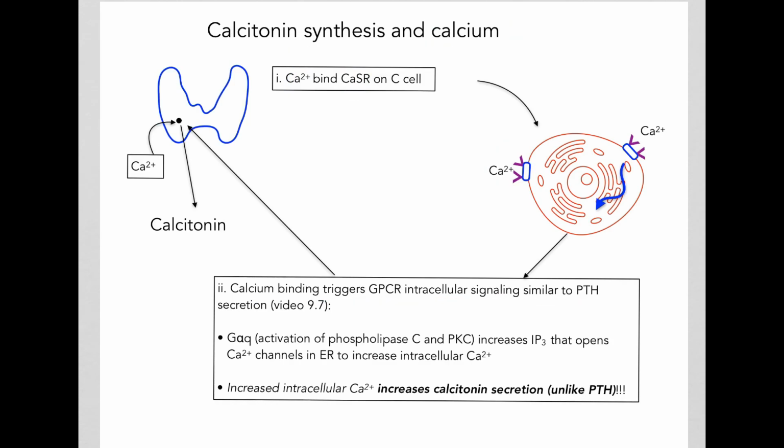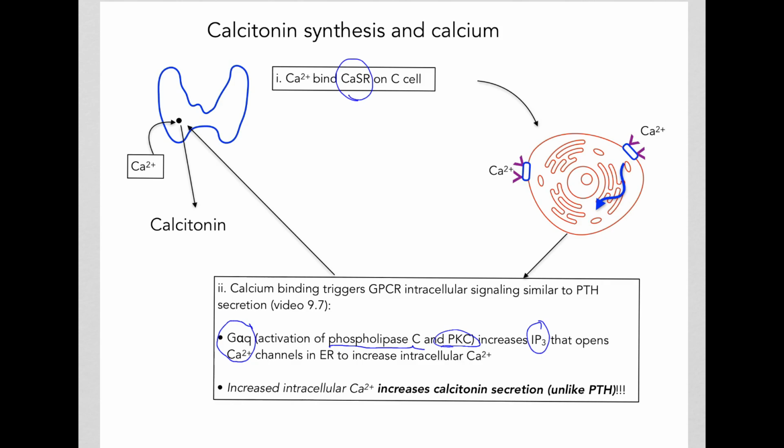So one of the effects of this activation of the CaSR is that the CaSR is associated with G-alpha Q, as we discussed under parathyroid hormone. This results in the activation of phospholipase C and protein kinase C that goes on to increase the concentration of IP3 in the cell.